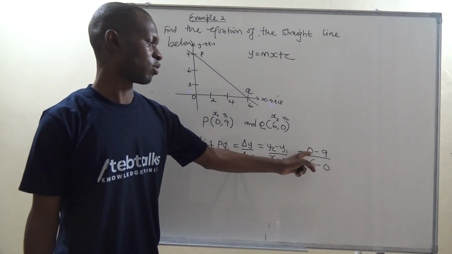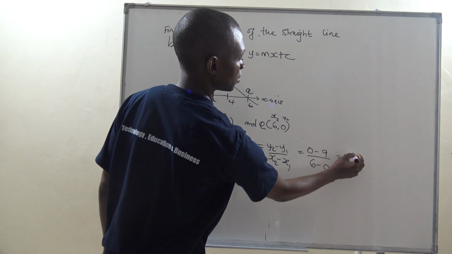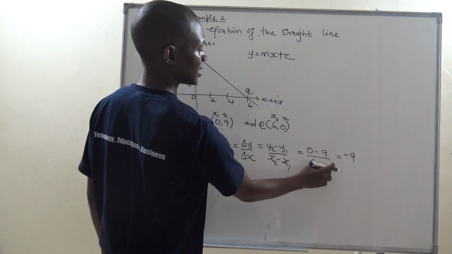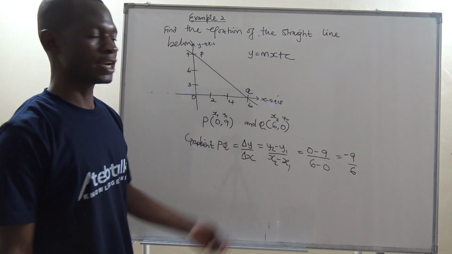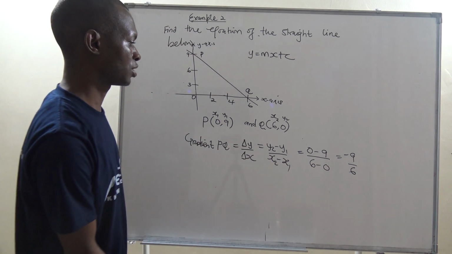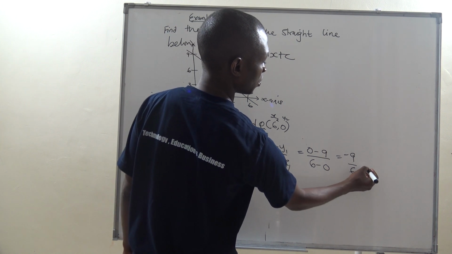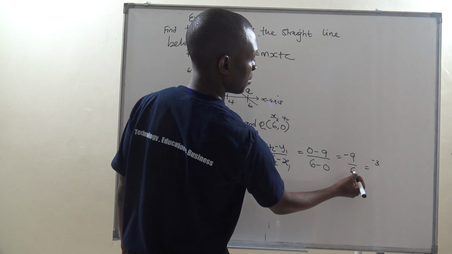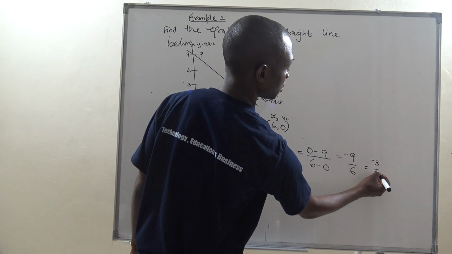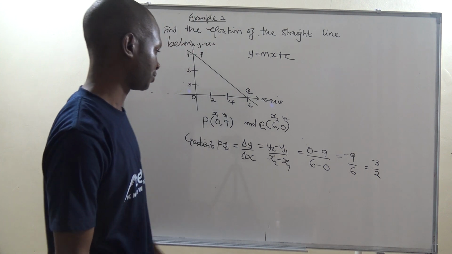So 0 minus 9, you get negative 9, and 6 minus 0, you get 6. You can reduce by 3: negative 3 over 2. You can leave the answer like that, or you can simplify.